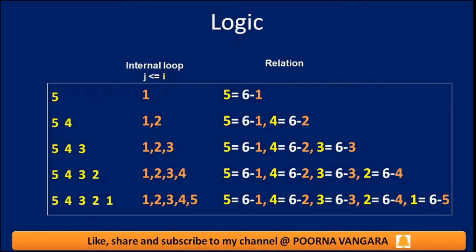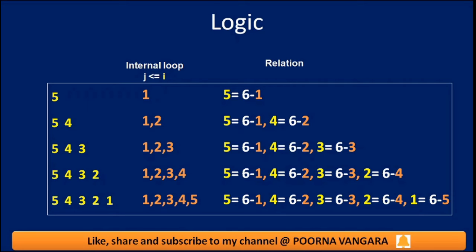If I want to print 5 and 4, if I have 1 comma 2 values, simple, 6 minus 1 will give 5, 6 minus 2 will give 4. So this 6 minus operation is constant for all, and whatever this orange color is representing is J. You need not worry how these values are going to change. That is taken care of by the internal loop.